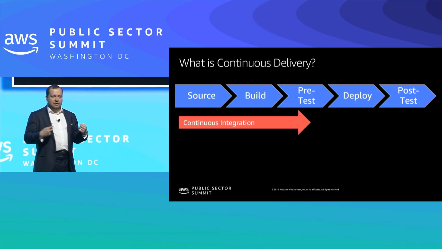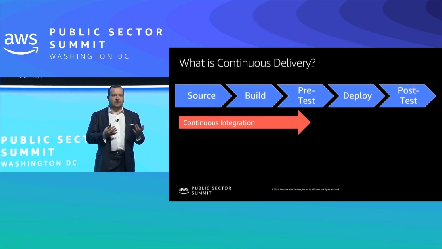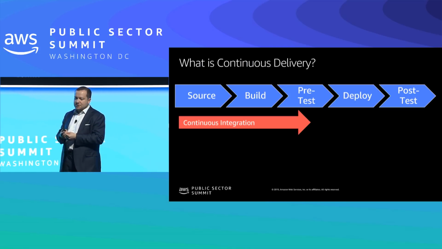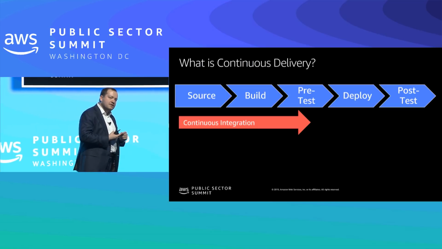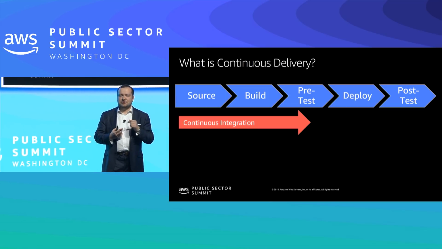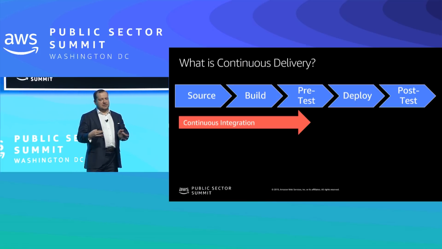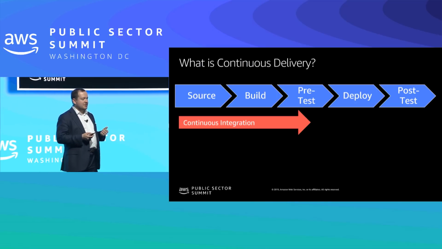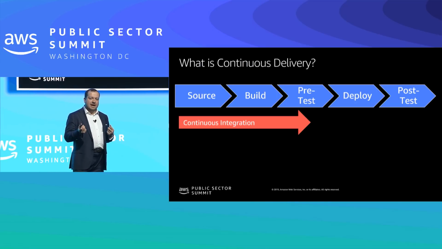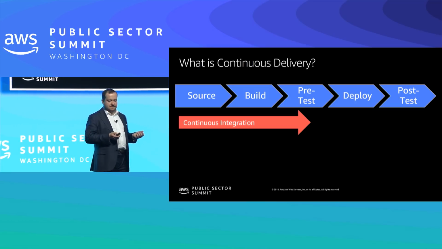And so either the build is successful and you have an artifact that you can then deploy. That artifact could be a serverless function in a zip file, could be a container, like a Docker container, could be an Amazon machine image, could be a zip file, could be an MSI, whatever it is that you're actually using to deploy. Or your build fails and your developers have very quick feedback to be able to fix whatever the cause of the failure was.